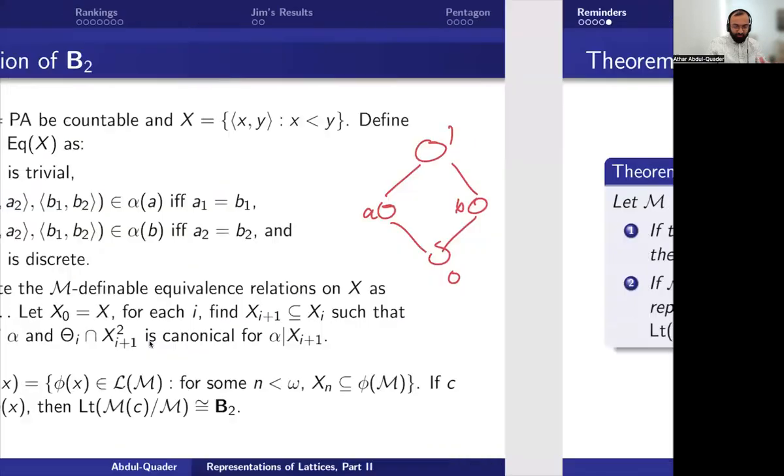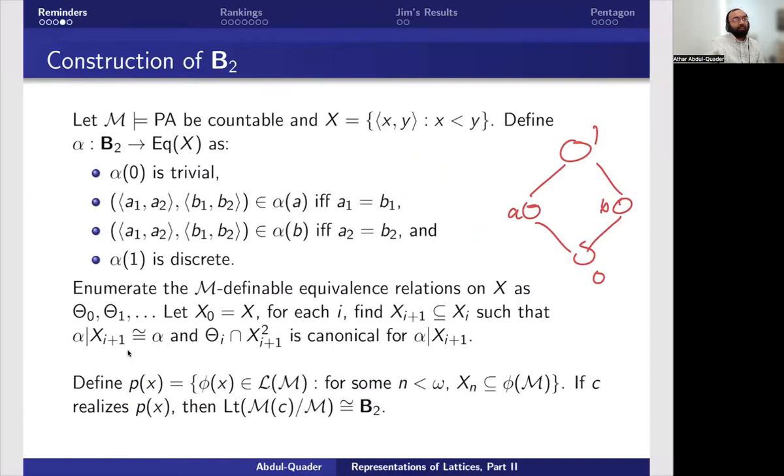I apologize. Essentially, this means that there is a bijection between X and xi plus 1 that commutes with the equivalence relations. So you want to find this large set xi plus 1 and make sure that theta i is canonical for alpha restricted to that xi plus 1.